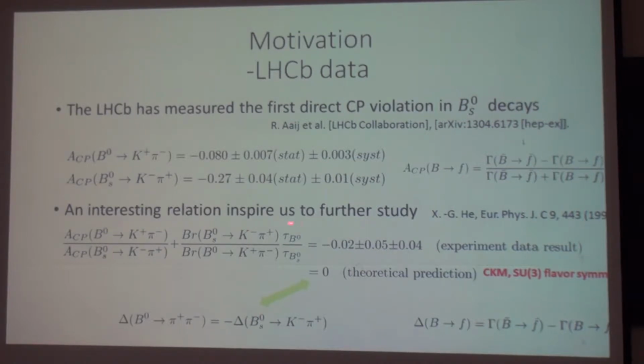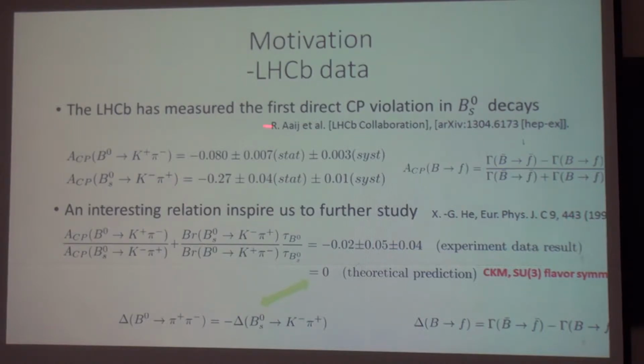And actually we have this. And they have an interesting relation like this. And from the theoretical prediction, if we assume the CP violation source only comes from the CKM matrix and the SU(3) flavor symmetry, which I will talk about more clearly later, then we should have this relation.